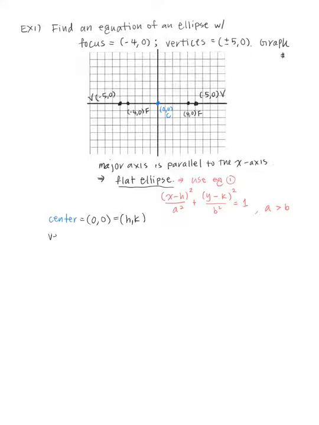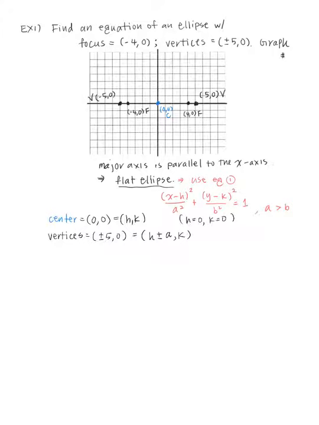All right, now since the vertices are given by ±5, 0, look at the formula sheet. The formula says this is going to be h ± a, k. So h is 0, k is 0.